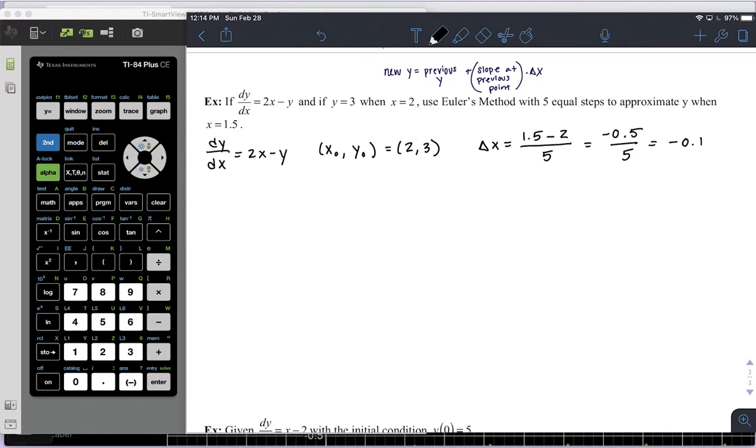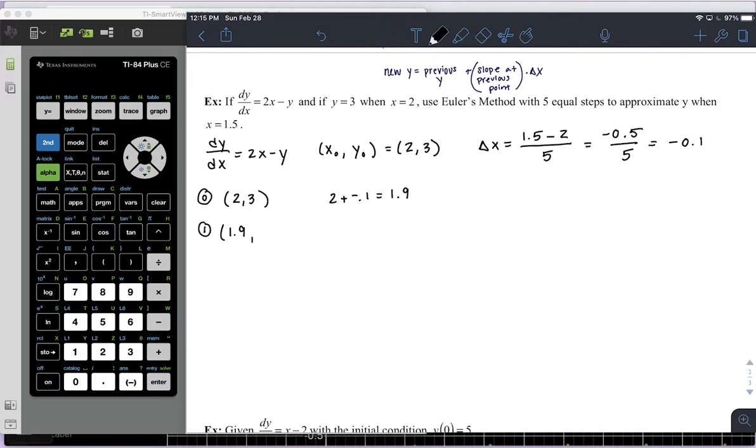I like to work vertically, using lines rather than a table, so I know where I'm going. Okay, so my initial point, and I want to do this 5 times, is 2, 3. My next x coordinate is going to be 2 plus negative 0.1, so that's going to give me 1.9. This is step 0, and this is going to be step 1.